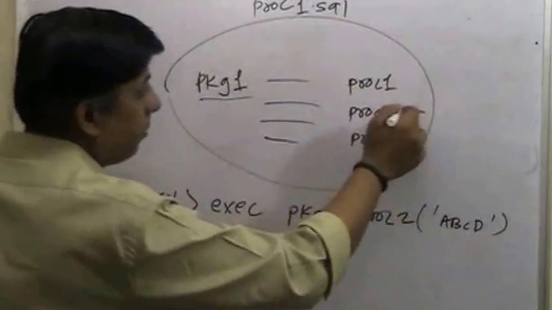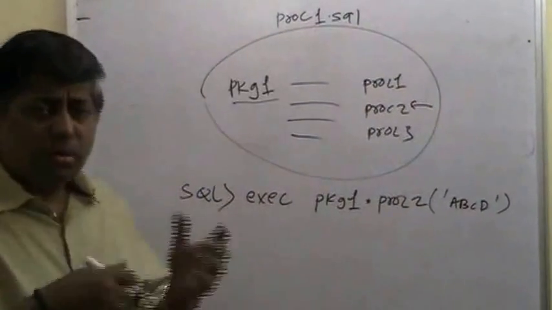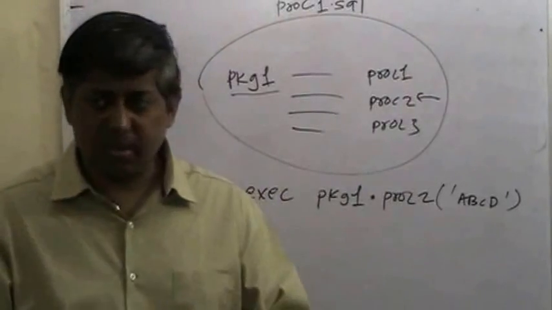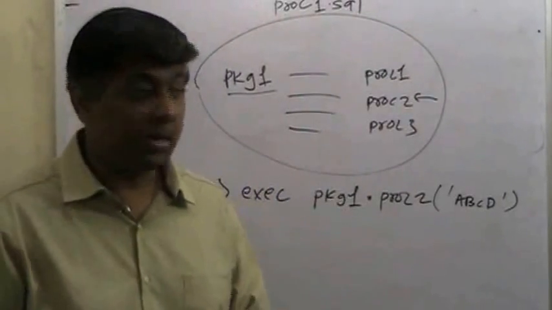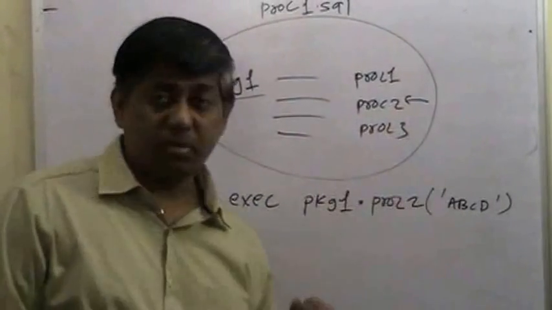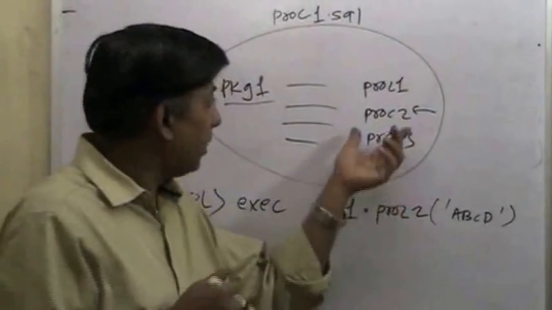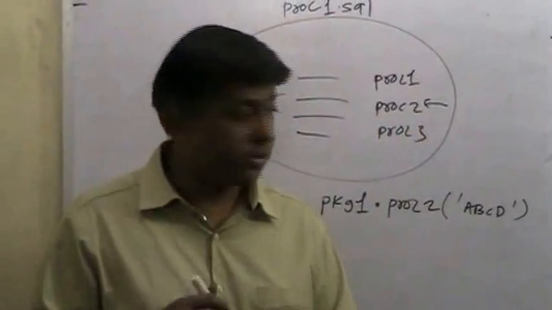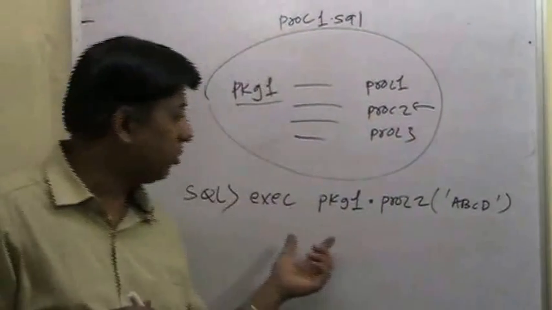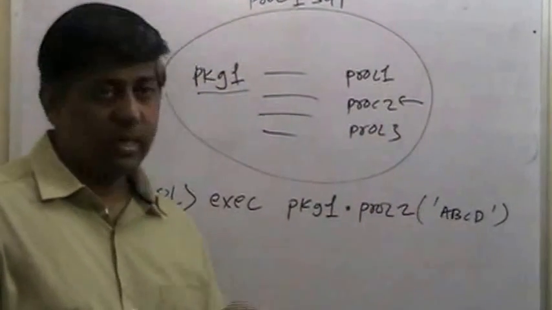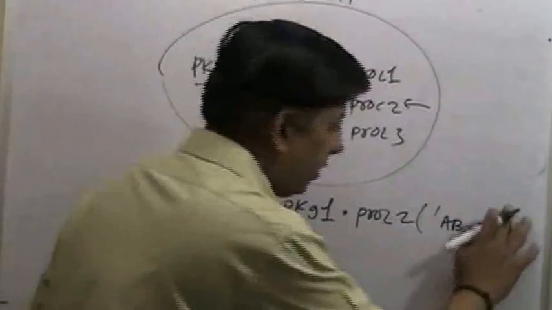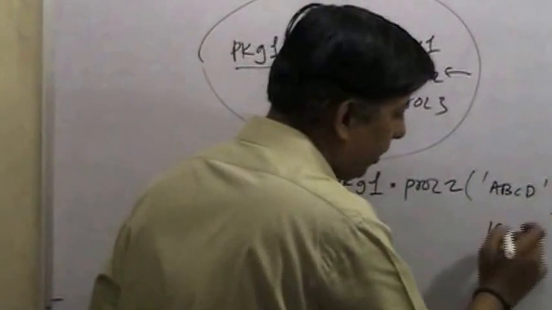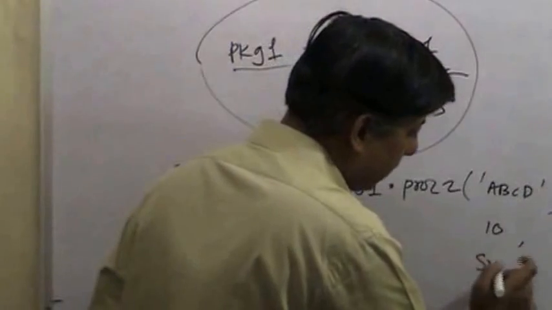The program proc1 will do something with that ABCD. It needs that information, maybe it will print it, maybe it will drop that table, maybe it will insert into that table ABCD. Depending on the design of the program, this information is used internally. So this is how you pass information to the procedure. This information passing is called an argument. So the first argument is this, the second argument is 10, the third argument is sysdate.